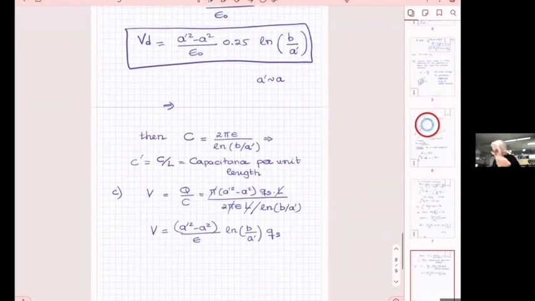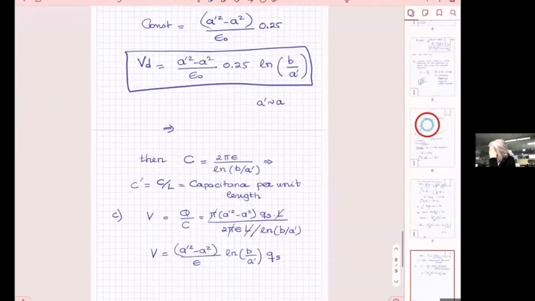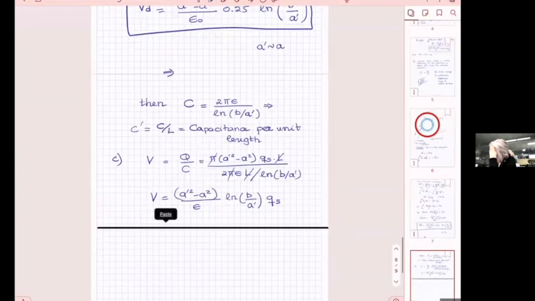And then that's what it gets. You see that I got exactly the same as I did here, where I already got the capacitance. I already used the capacitance as before.